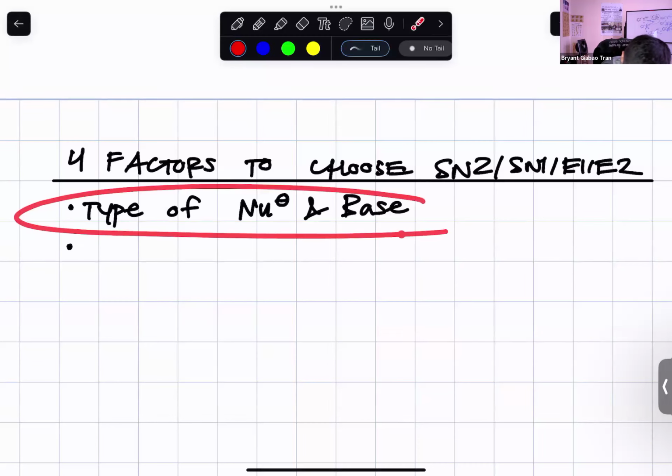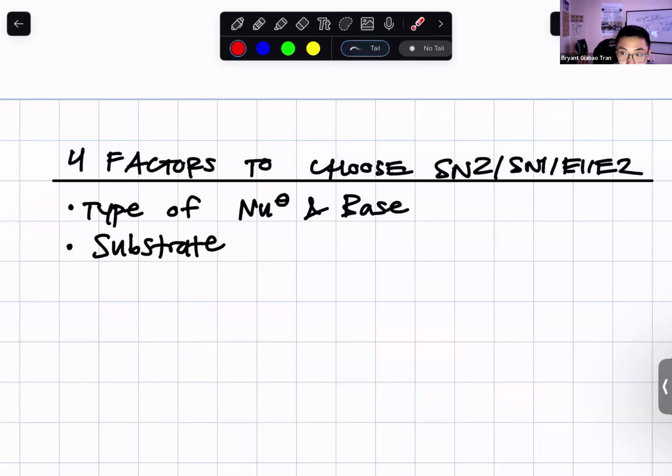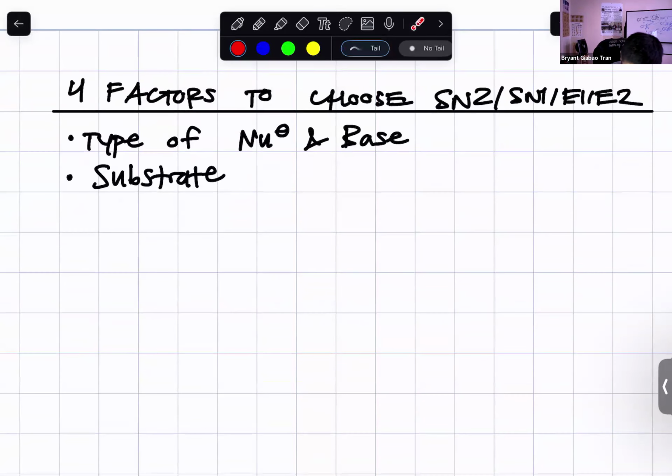That's probably the most important one that I look at first. The other factor is your substrate, right? Whether it's methyl, primary unhindered, primary hindered, secondary, or tertiary. That's going to be your substrate.